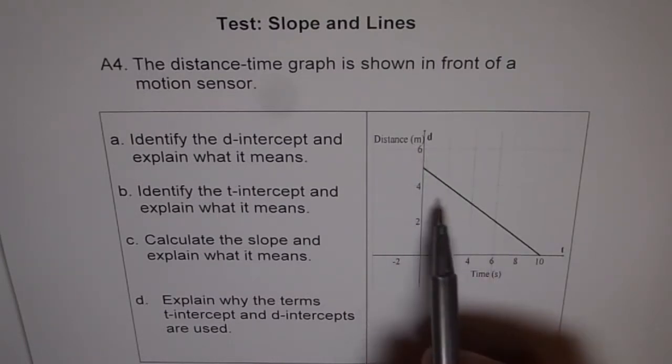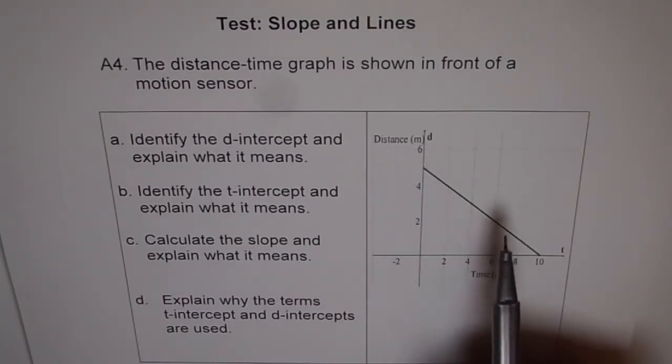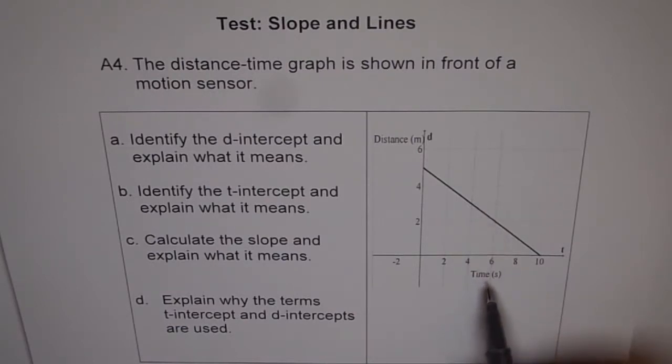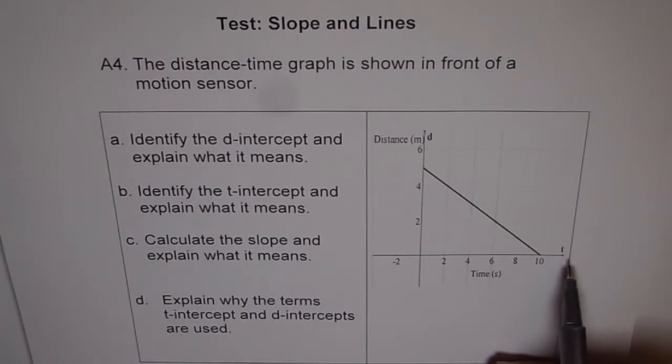So wherever the line of the graph of distance versus time crosses the time axis, we'll call it the t-intercept. And wherever the graph crosses the distance axis, we'll call it the d-intercept, correct? Now answer the questions. I hope it has more meaning now, right?